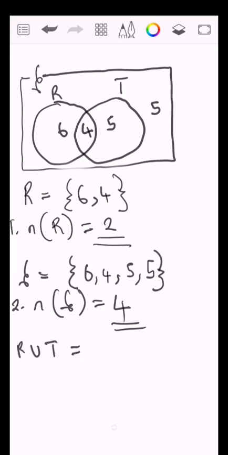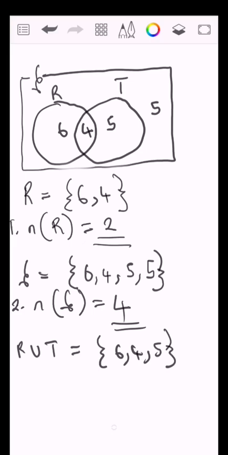Chinonzi union mubatanidzwa wema elements ese ari muna R ne ari muna T. Saka union togona kuiwana takatarisa Venn diagram redu. Our union is going to be 6 4 5.